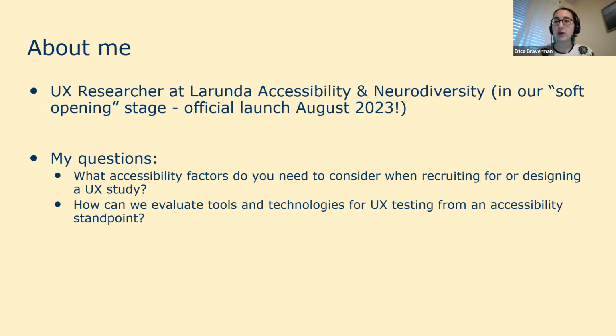There are a couple of guiding questions that have shaped what I'm going to talk to you about today and my own inquiries. Those are: what accessibility factors do you need to consider when you're recruiting or designing a study? And for all the tools, technologies, platforms that we use, how can we evaluate those to make sure that they're accessible?